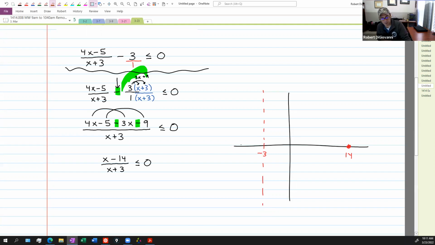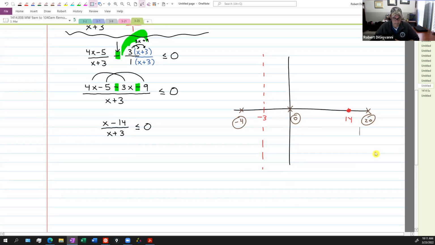I picked some test points. I'm only going to have 3 of them: -4, 0 is a good one, and I don't know, 20. Let's go with that. You test those points. If you try and test -4, you're going to get a negative on top and a negative on the bottom.